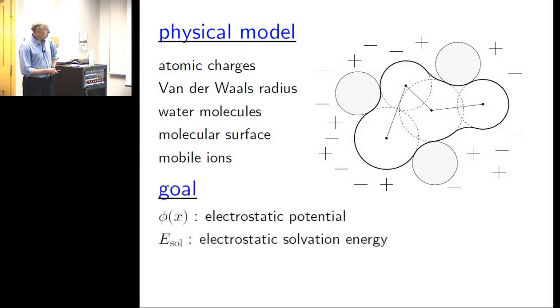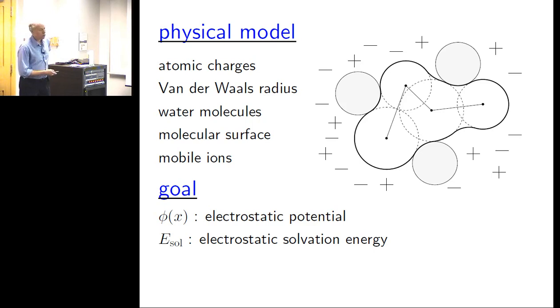There's a high dielectric constant representing the solvent. And now the goal here is to compute the electrostatic potential of this system. And in particular, we're going to be computing it on this surface, this molecular surface. And as well as the electrostatic potential, phi of x, we're going to be computing the electrostatic solvation energy of the system. So that's what we want to compute as a function of the input atomic charges, the dielectric constants, and the ionic concentration in the solvent.